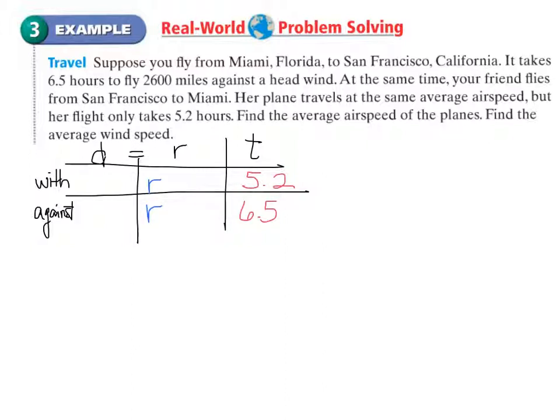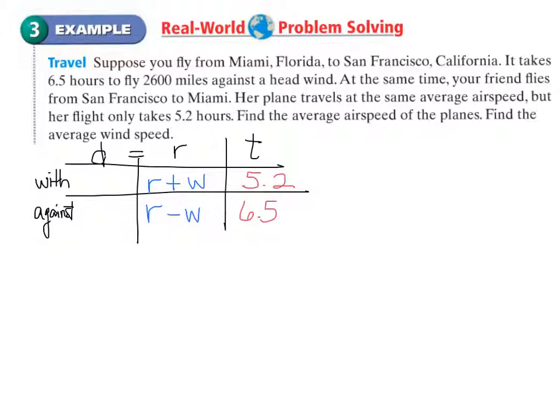Same average speed. But if you are going against the wind, it means you are subtracting. It's making you slower. So against the wind means we're subtracting the wind speed. With the wind means we're adding the wind speed. Now, what's the distance? Well, the distance either way is the same.